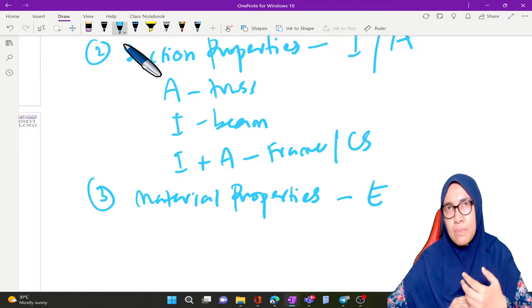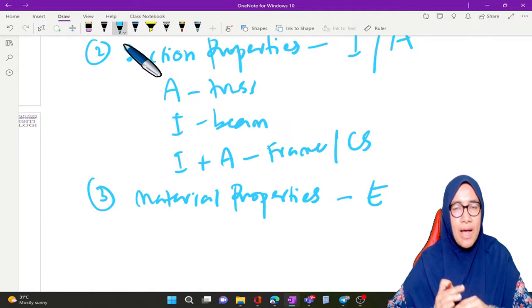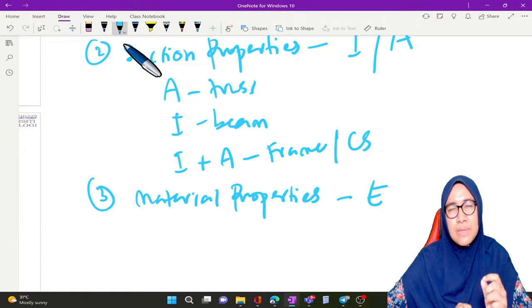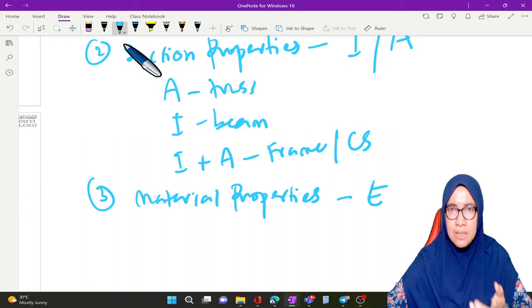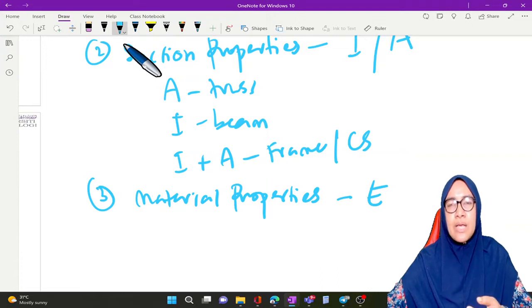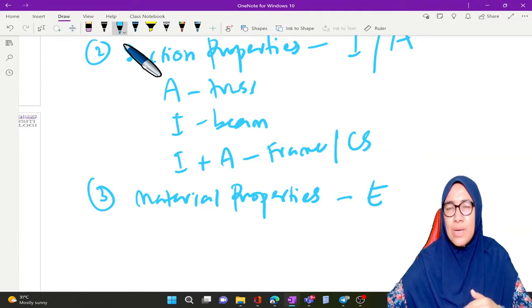Whenever we build the model, after we put the support and define the section properties, we have to choose the material used, whether it is reinforced concrete or steel, and what the value of E is for steel. For aluminium, for example, we should also define the material properties. And material properties actually influence the displacement and the forces that we get.